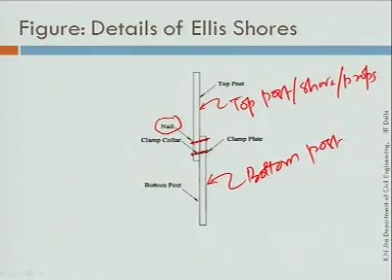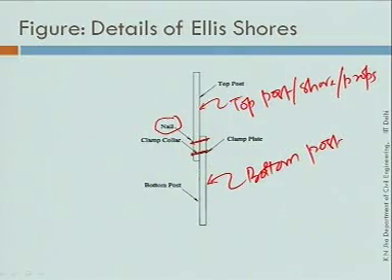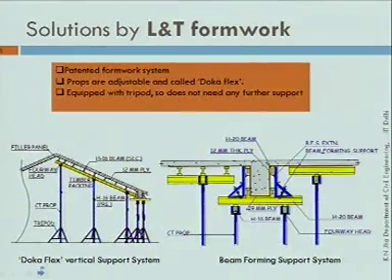So now you understand what are the components and their functions in case of conventional slab and beam formwork. Is that clear to you? Okay. Now we move on to see some proprietary formwork for slab and beam. Now this arrangement, what you see here, is provided by LNT formwork.